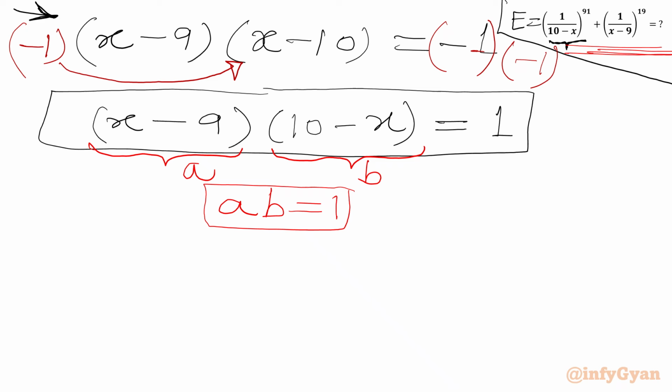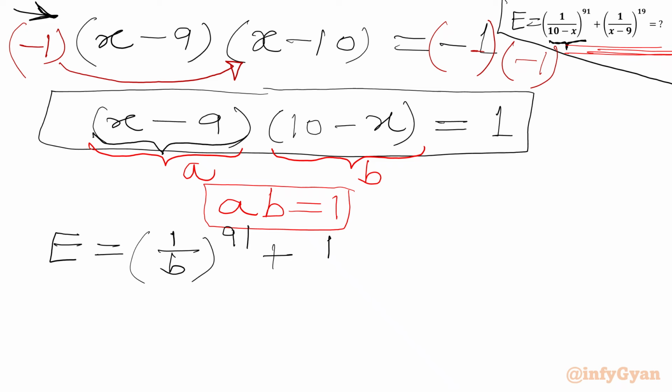So I will write E in terms of a and b, our substitution. E equals 1 over 10 − x, which is b here, so I will write (1/b)^91 plus 1 over x − 9. x − 9 is a here, so I will write (1/a)^19.